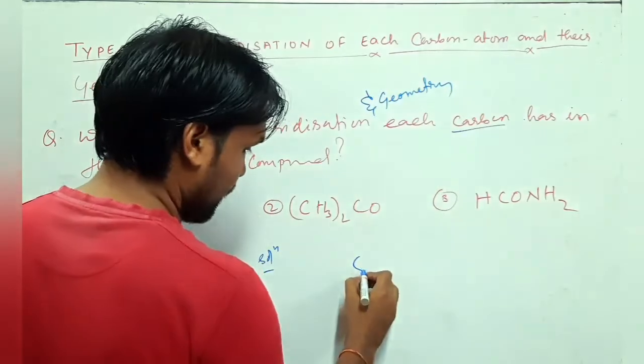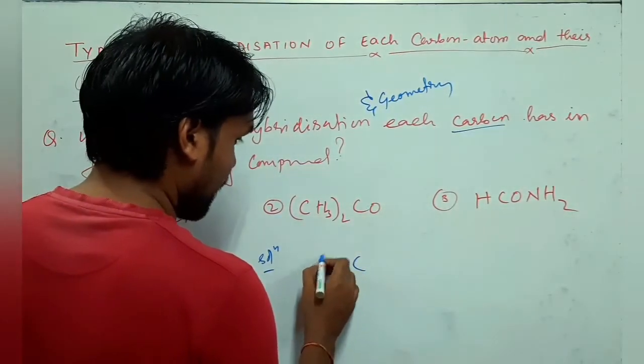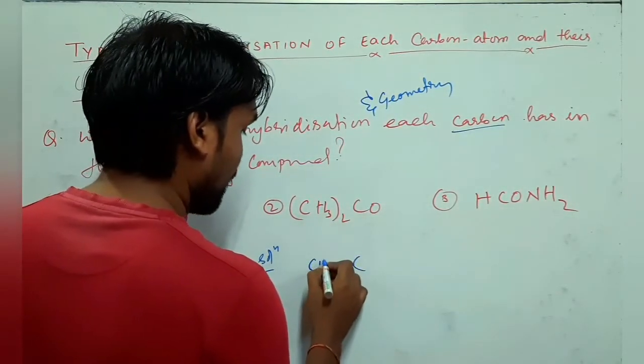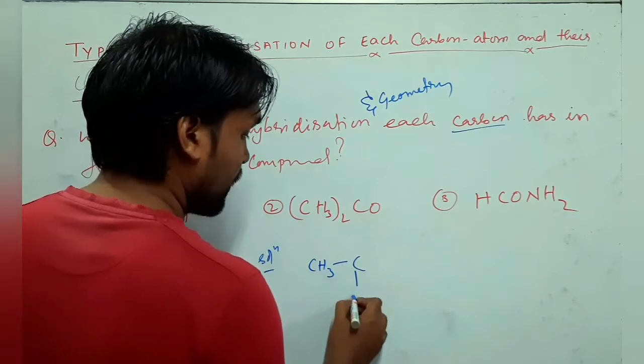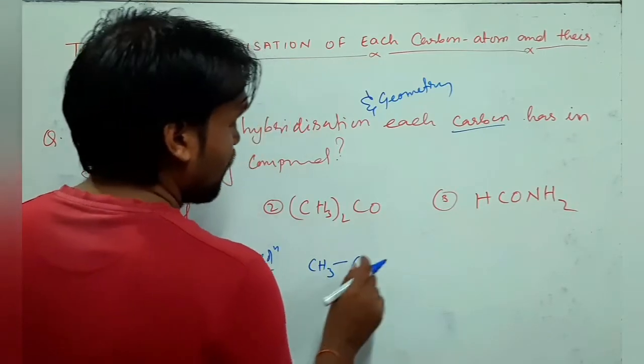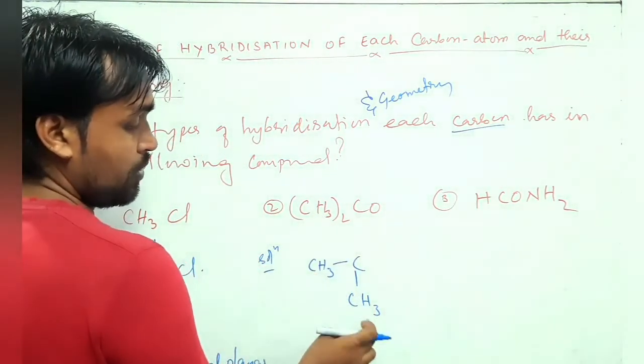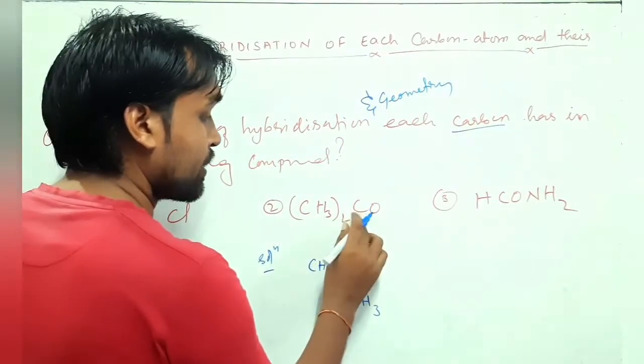So we'll write it this way. Here it will be CH3 2 times. One time I am writing CH3 here, one time I am writing CH3 here. So CH3 2 times is done. And next is carbon.